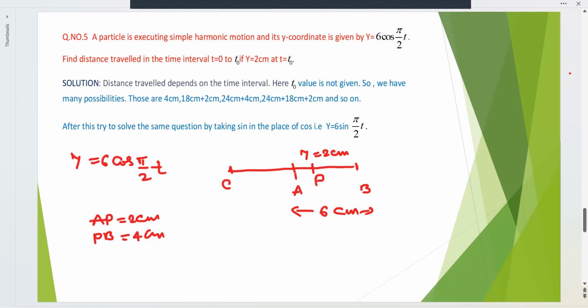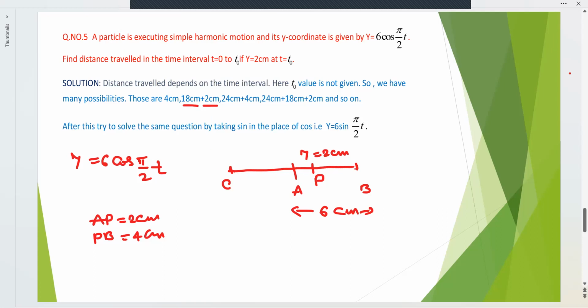That means 6 plus 6 plus 6, it is 18. Next from A to P, that is 2. So 18 plus 2, the next possibility is a distance traveled of 20.